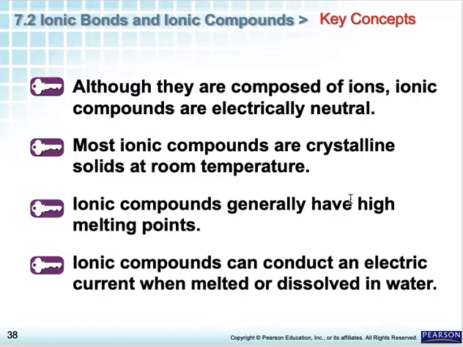Oh, just in time, we are at the key concepts. Although they are composed of ions, ionic compounds are electrically neutral. So we are going to have to figure out how many positive ions to how many negative ions so that we can get to a neutral state for that compound. Most ionic compounds are crystals and solids at room temperatures. Ionic compounds generally have high melting points, and they conduct electric current when dissolved in water.